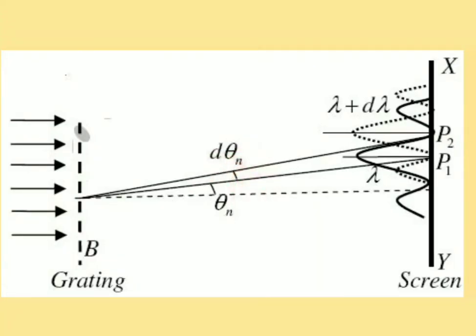That is a very important point. So once again I repeat, P1 is the position of central maxima having wavelength lambda with a diffraction angle theta n. P2 is the position of central maxima having wavelength lambda plus d lambda with a diffraction angle theta n plus d theta n.